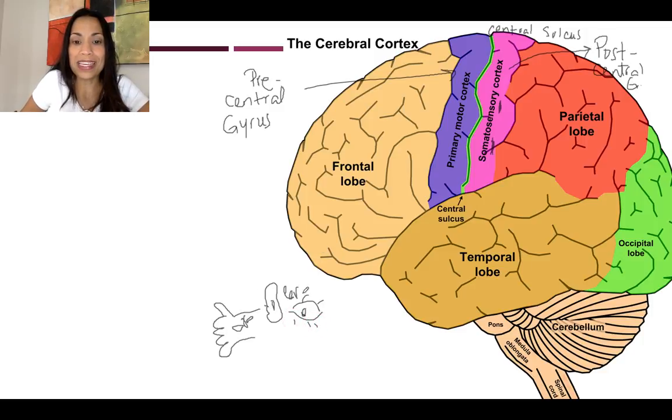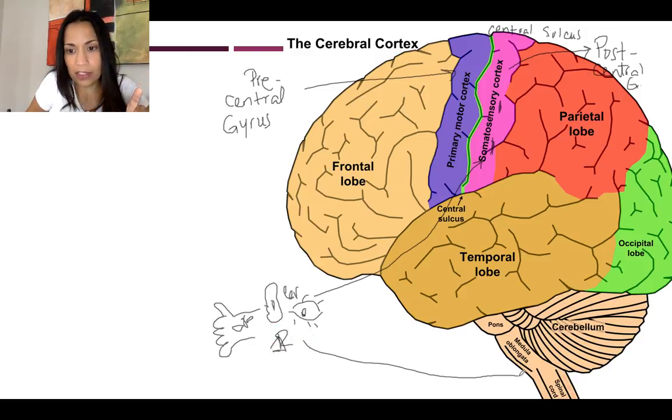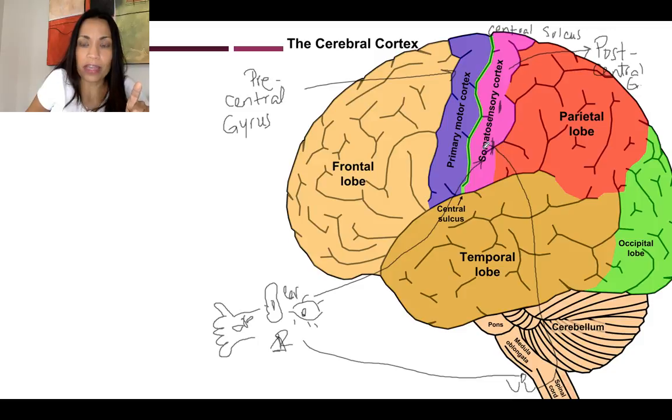So all of these sensations, somatosensory sensations, vision, hearing, and tactile information, are detected by the receptors. The receptors send it to the sensory neuron, and the sensory neuron relays that information right here in the somatosensory cortex. All the general somatic sensory information.